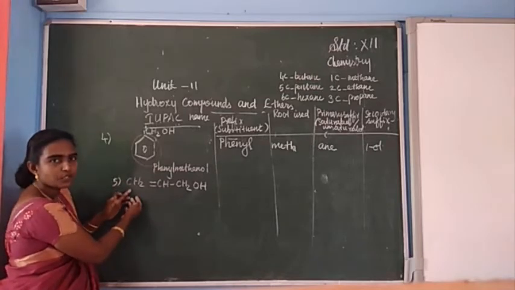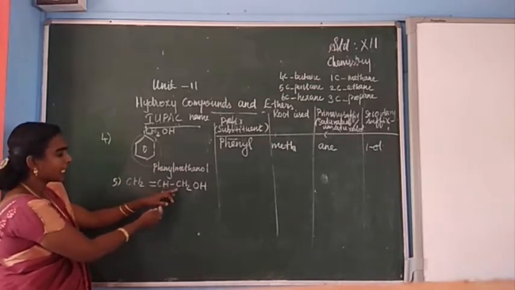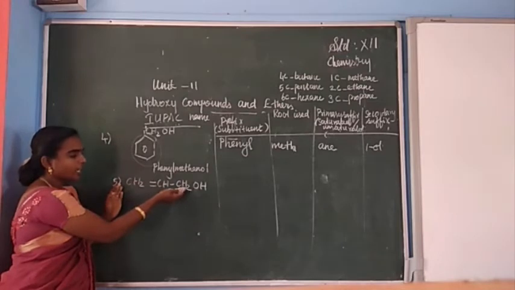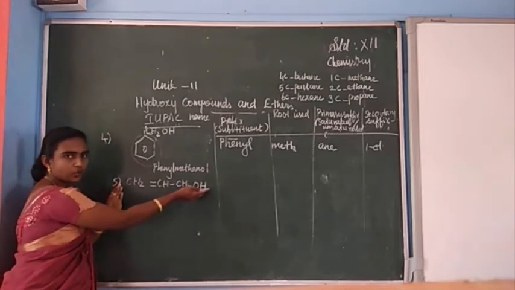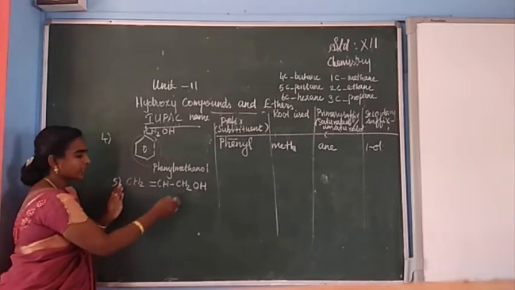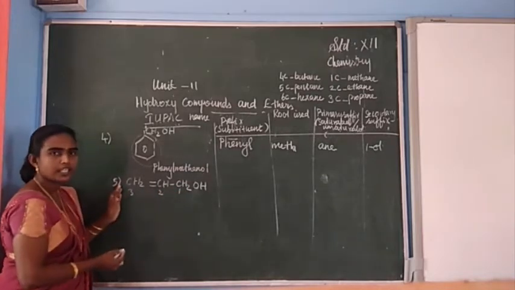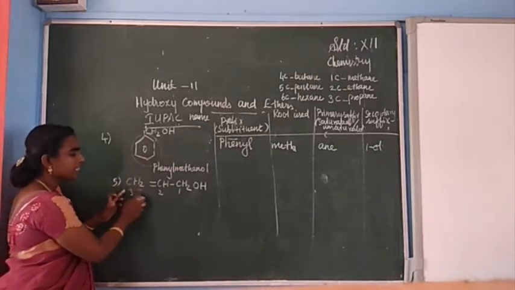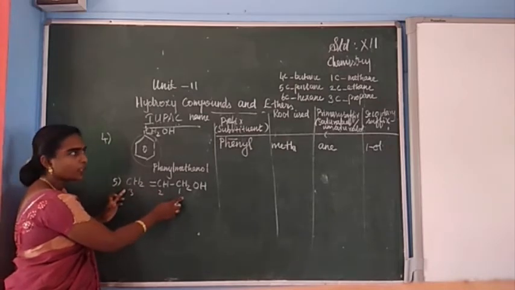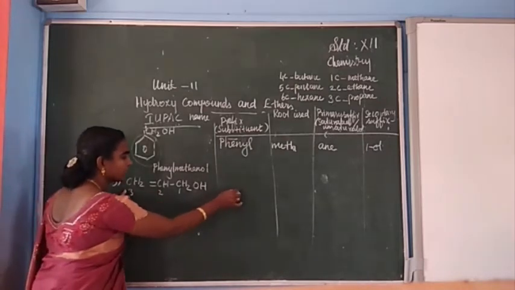Which way do we have to select? We have to select this way. Why? The carbon bearing the functional group should get the least number. So 1, 2, 3. Is it clear, students? Next, is there any substituent? No prefix, so nothing.